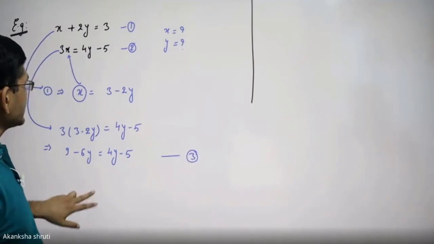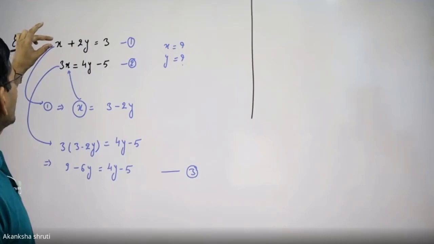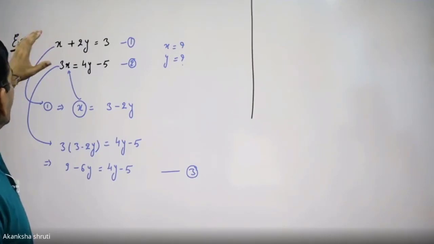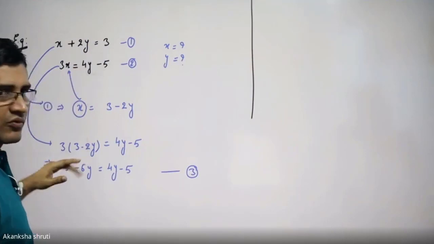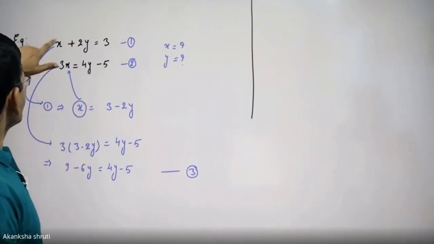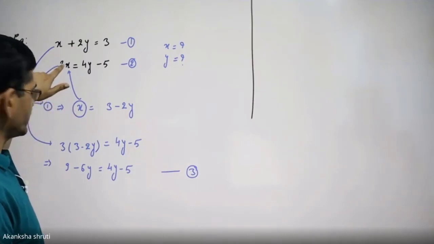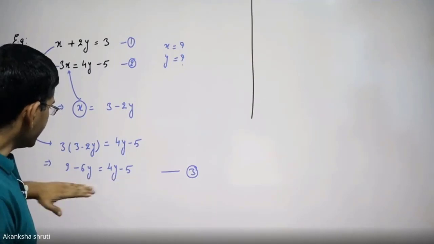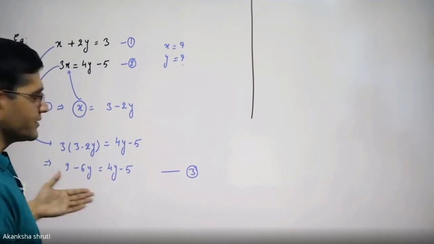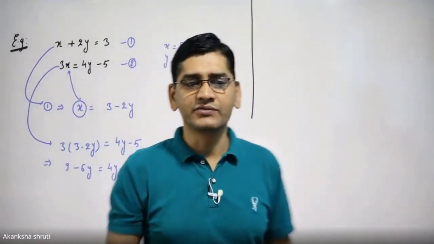This equation number 3 is ultimately a combination or manipulation or substitution or some mathematical operation of equations 1 and 2. Why? Because from equation 1 we have calculated the value of x and we have substituted it in equation 2. We have landed up in a linear equation with only one variable. It is our y.